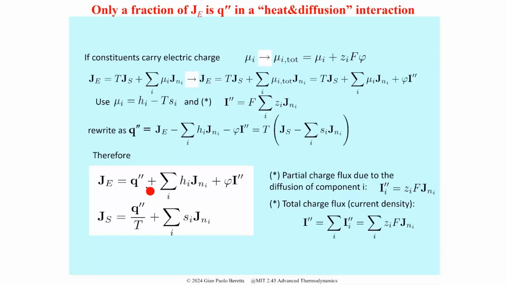For example, if you have no gradient in temperature, which doesn't necessarily mean that Q double prime is 0, but in that situation, the overall energy flux is sometimes called the heat of transport.